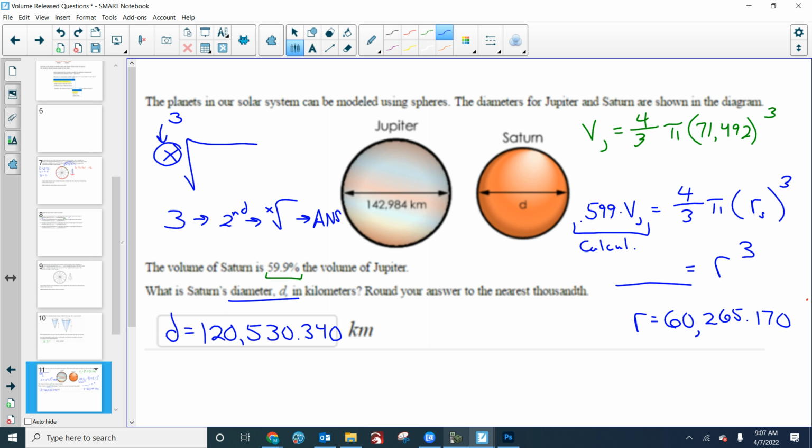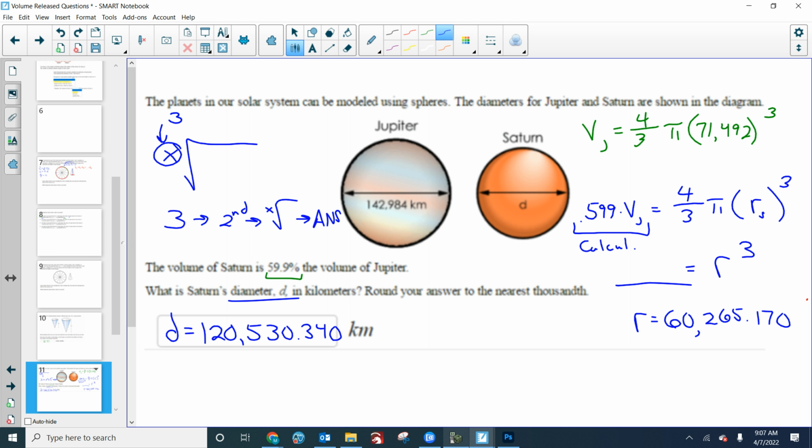What's the cube root of 27? 3. Back to square roots. You ready? What's the square root of negative 64? What times itself gives you negative 64? No real number.